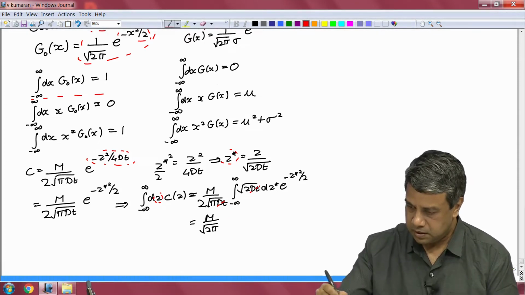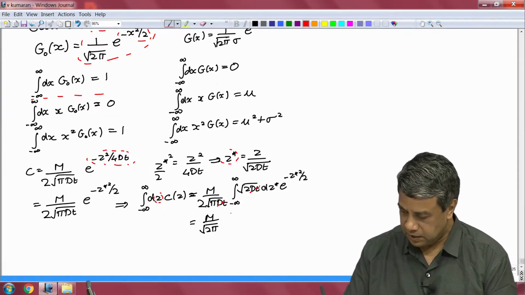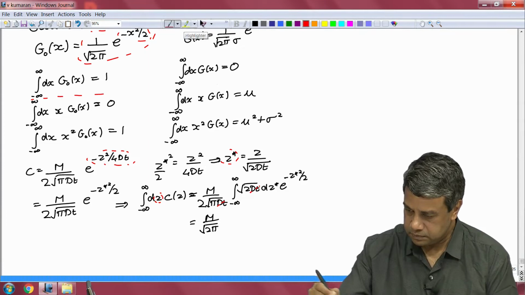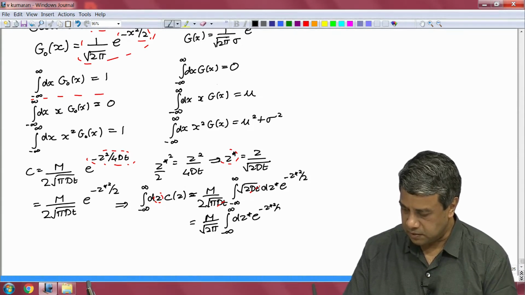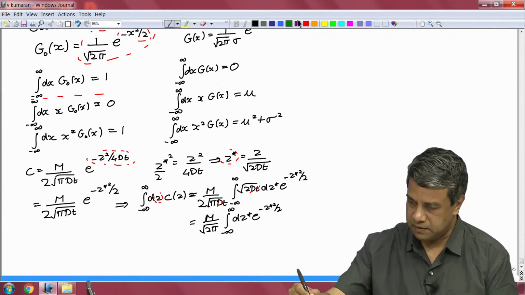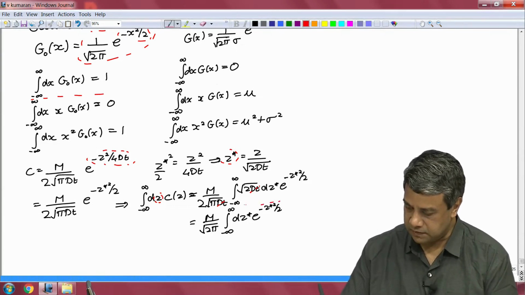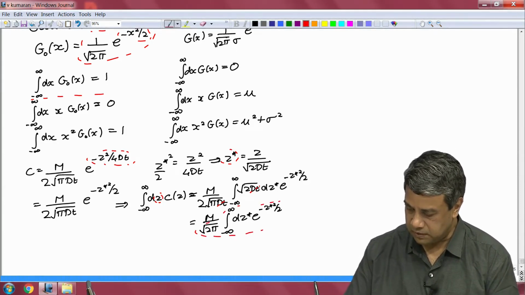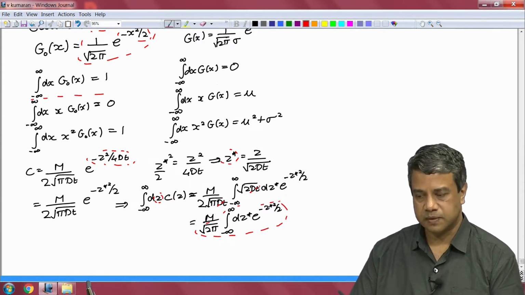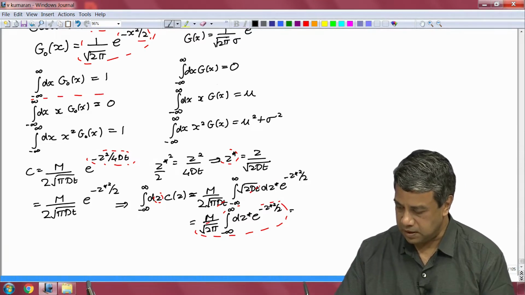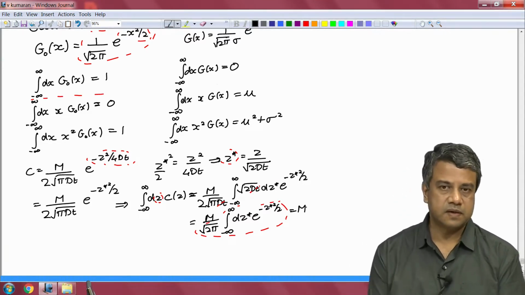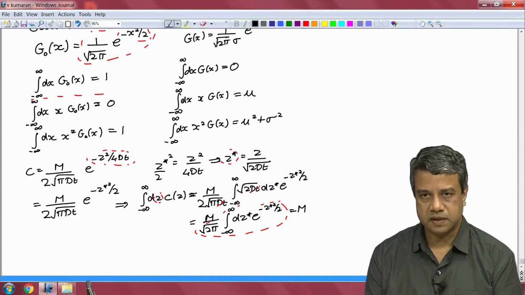Then the integral minus infinity to infinity dz star e power minus z star square by 2, and you can easily verify that this is the Gaussian function. This whole thing, 1 over root 2 pi and e power minus z star square by 2, is the Gaussian function. So, this integral will just turn out to be m, because the Gaussian function is normalized.